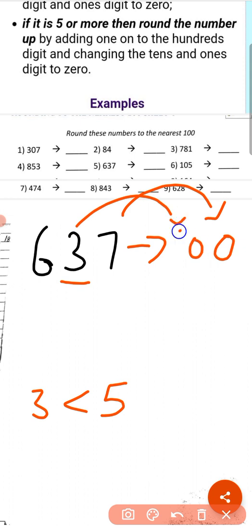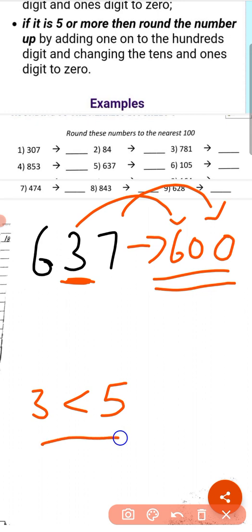Then write the digit at the hundreds place. So 600 is our answer. 637 becomes 600. Here the digit at the tens place is 3, which is less than 5. So replace ones place and tens place by zeros and write the digit at the hundreds place.